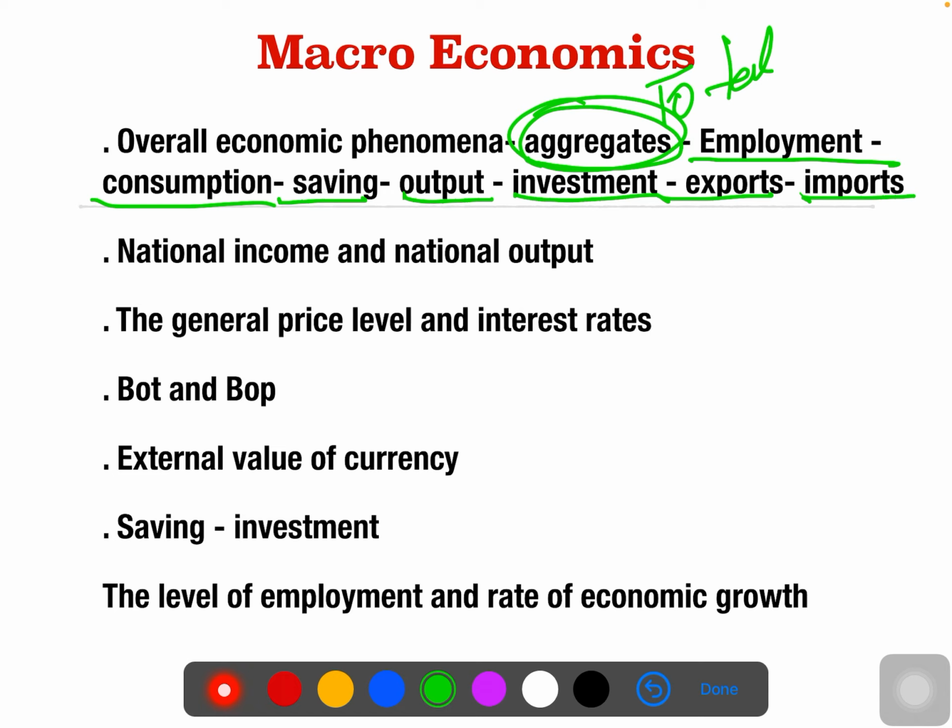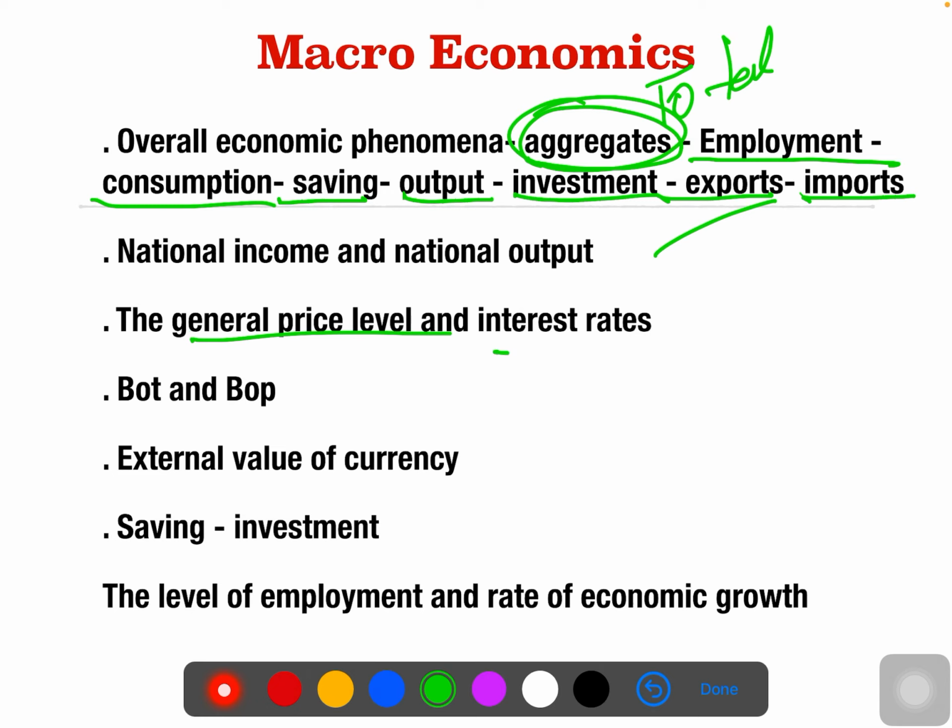Which are the study areas? National income, that is, the country's income. General price level, that is, how the goods and services in the economy generally affect the people. The interest rates when we are going to borrow money. BOT, which is balance of trade, and balance of payment.